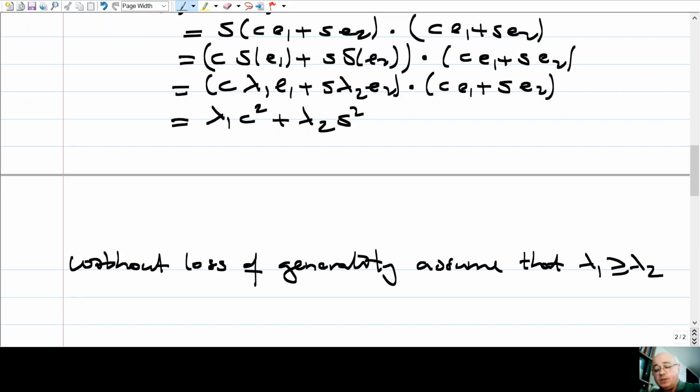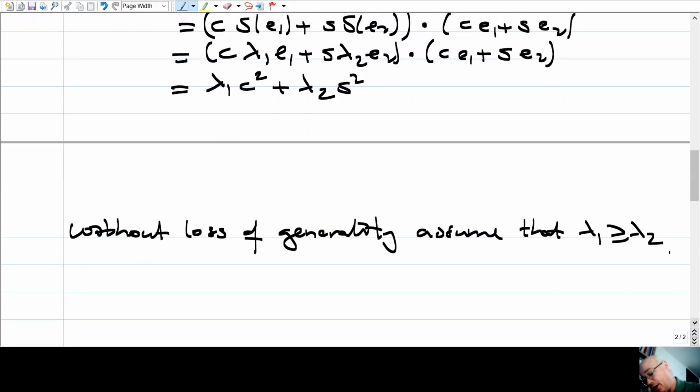These are real numbers because the operator is symmetric, therefore eigenvalues are real. What were K1 and K2? K1 and K2 are the maximal and minimal values of this function K(u).